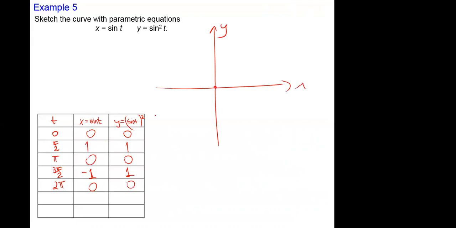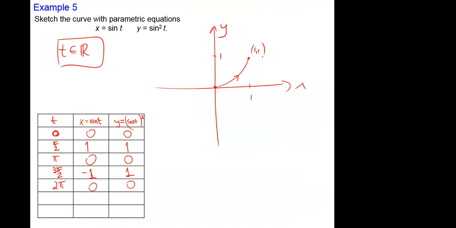0, 0. Actually, I can't really call 0, 0 the initial point because we do not have a restriction. t could be any real number. Okay, that means I picked 0, but we can see we have no restriction. Then I have to go to 1, 1. And I'm going this way.